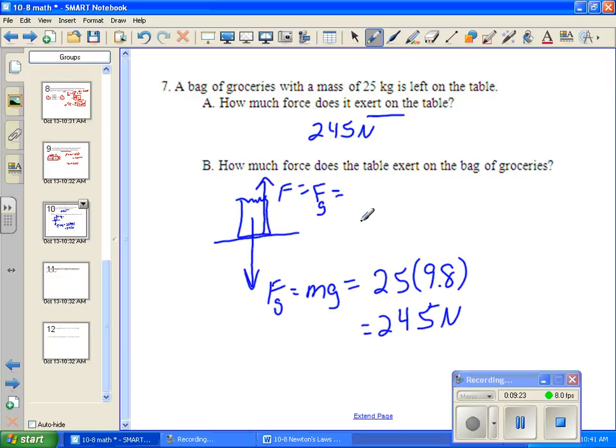The force that the table exerts back is 245 newtons. This is an example of Newton's third law. Third law says that for every action there has to be an equal and opposite reaction. So whenever there's no movement, but anytime you're standing, you're sitting, you're leaning against a wall, then the forces have to be balanced out. Whatever you're doing against that second object is doing back to you.